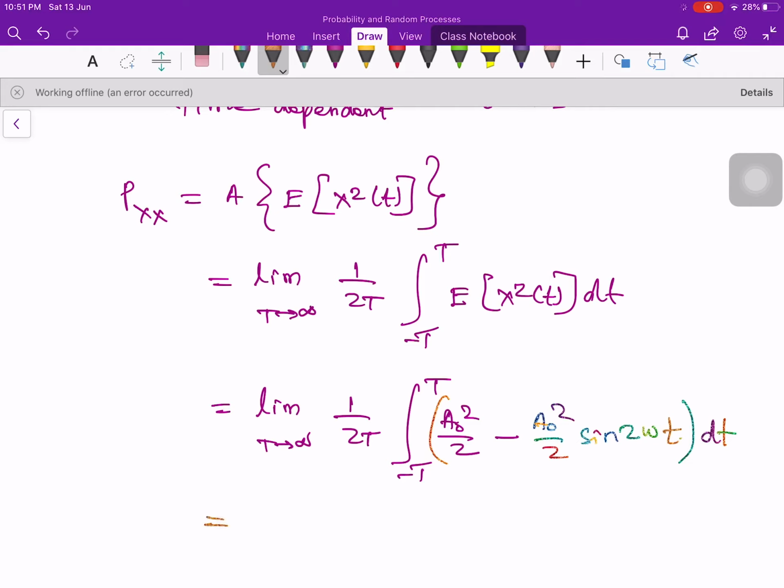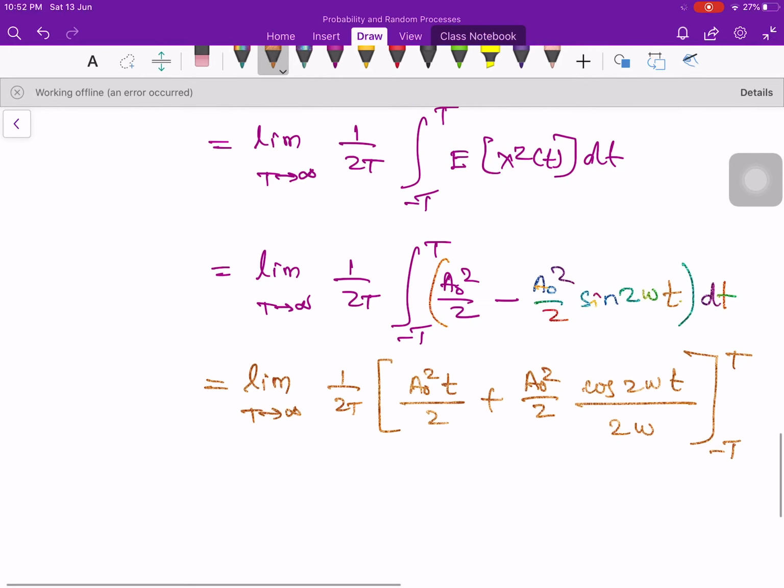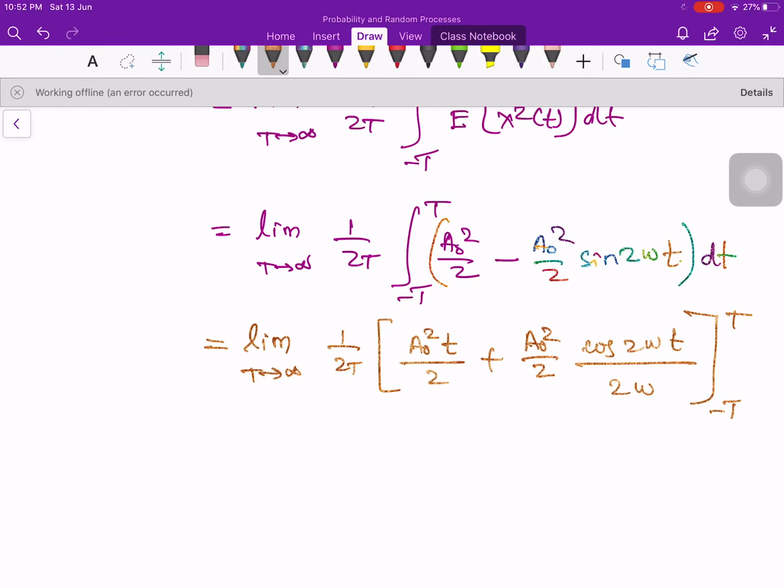So limit T goes to infinity, 1 over 2T, this is A naught square t by 2 minus A naught square by 2, sine becomes minus cos if you do the integration, so it becomes plus cos of 2 omega t divided by 2 omega, and the limit is minus T to plus T. Substitute the limit and do the simplification.